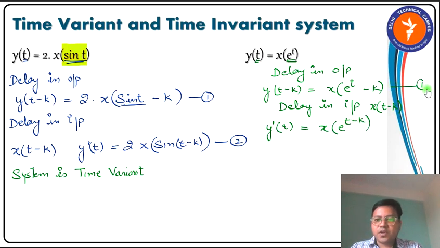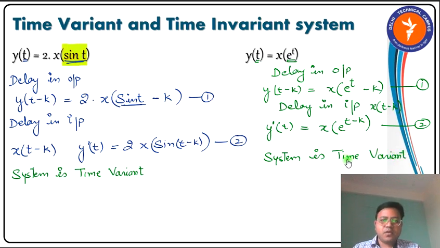And obviously equations 1 and 2 are different, because this is e raised to power t minus k, whereas this is e raised to the exponent of t minus k. So these two equations are different, and I will comment that the system is time variant system.